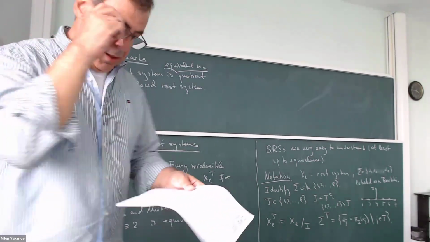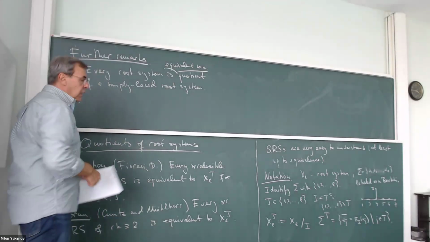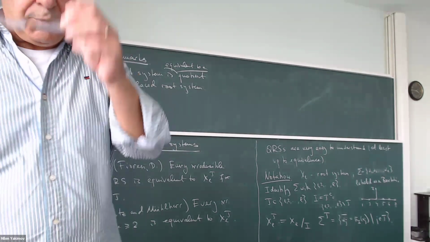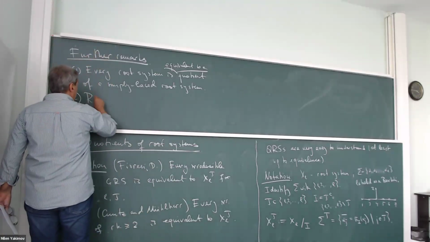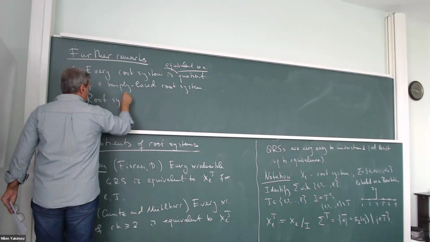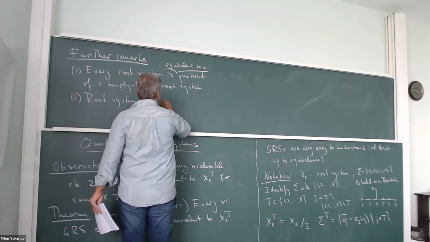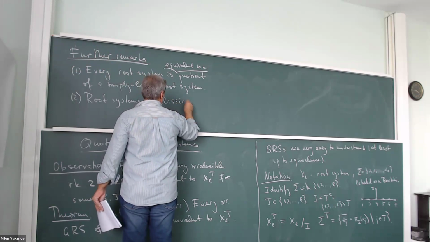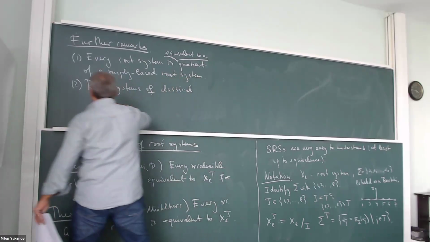The second remark is that the other source of possible root systems is root systems of classical Lie superalgebras.